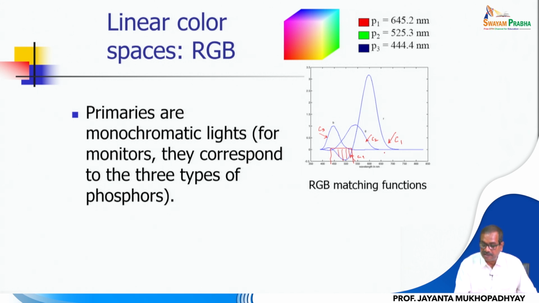Now this shows the corresponding visual response. This is for red response, this is for green response, and this is for blue response, which is shown here by C1, C2, C3 respectively. And you look at the shaded zone. This shaded zone shows the range of wavelengths where the response is negative in our visual system, which means in the RGB space you require negative axis of red.